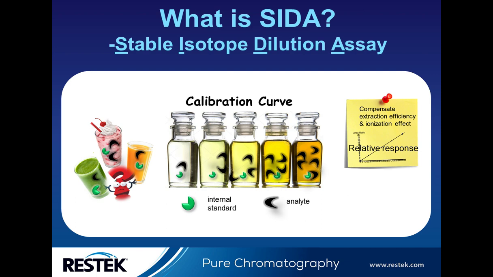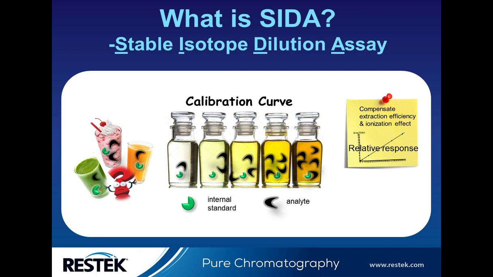Those unknowns theoretically can be anything. It can be vegetables, or powder of your coffee, or fruits. It can be everything as long as you spike the same amount of the internal standards prior to your extraction.